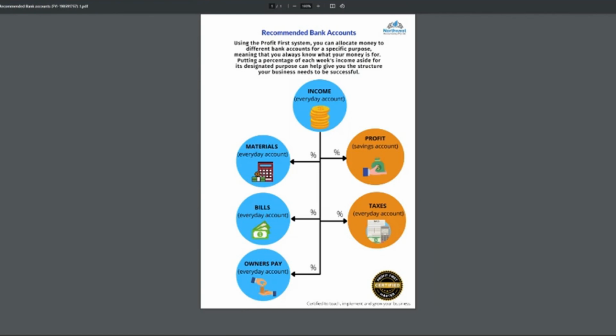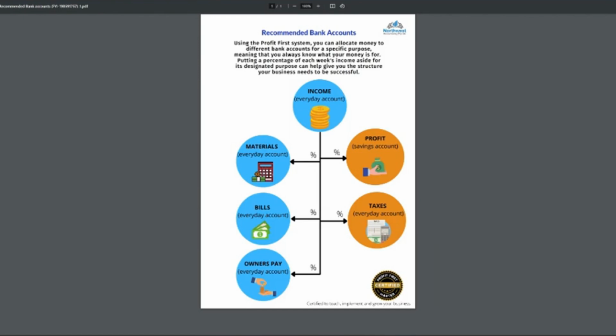The way that Profit First works is that you have all of your money filtering in to your income bank account. And once you've got that in there, you can have a system or a routine in place where you, on a day each week or a day each fortnight, most of my clients do weekly because it's set in the diary once a week to log in and have a look.